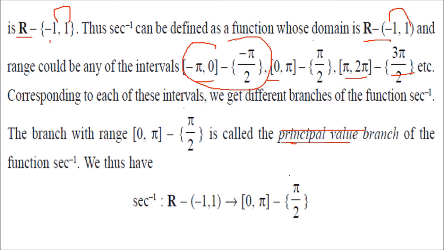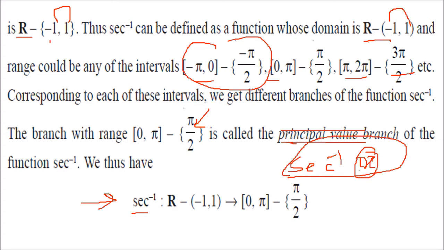So 0 to pi except pi by 2, because for pi by 2 it is going to be undefined. So we have sec inverse now. This is the final verdict. For sec inverse x, x can take any value except between minus 1 and 1, and sec inverse will provide a value between 0 to pi except pi by 2.